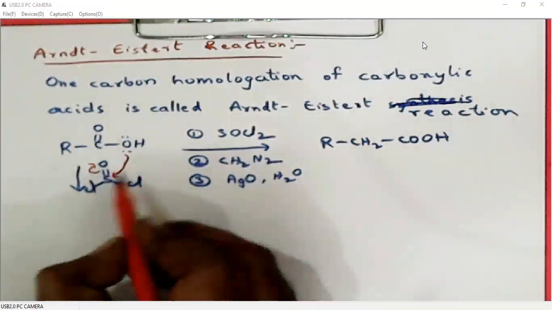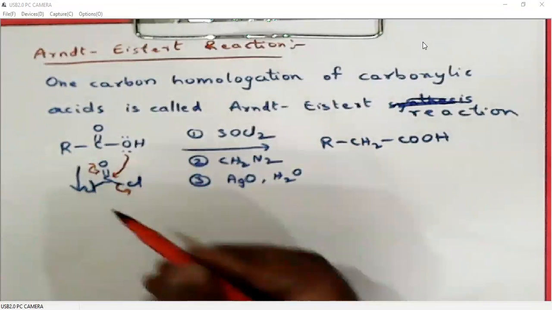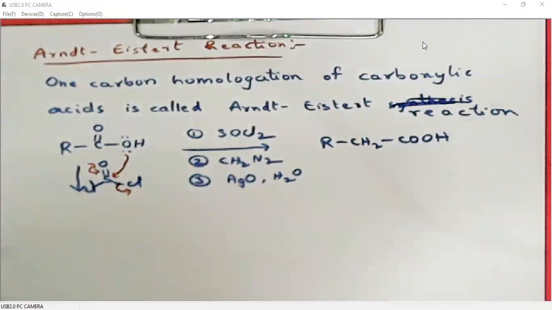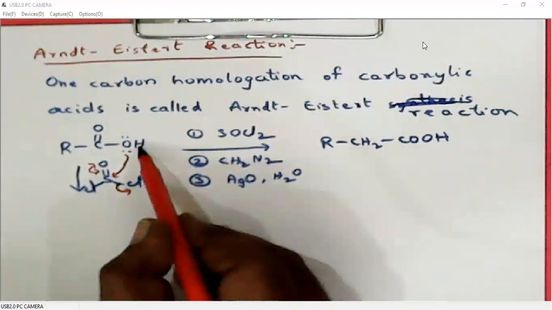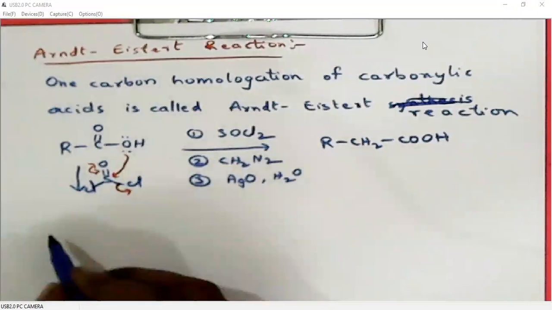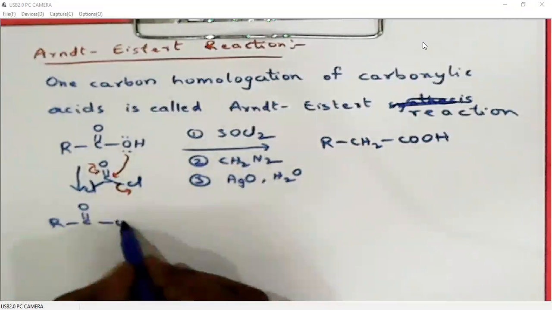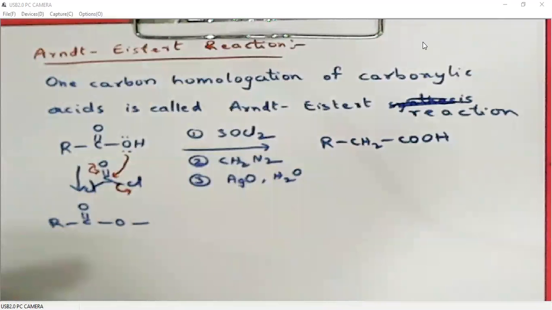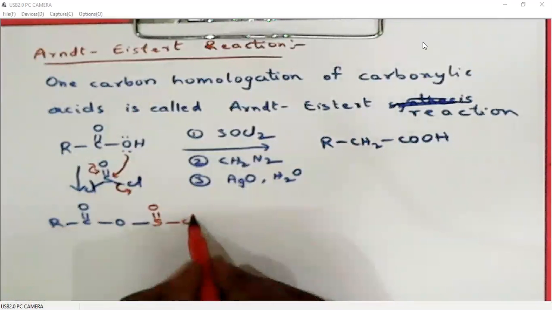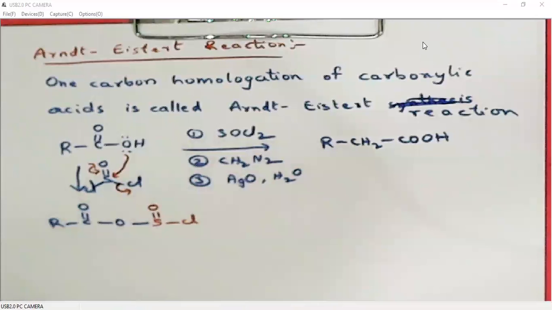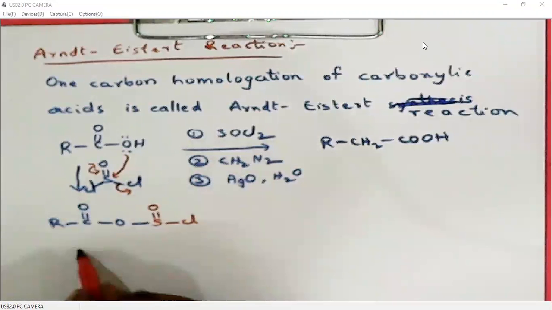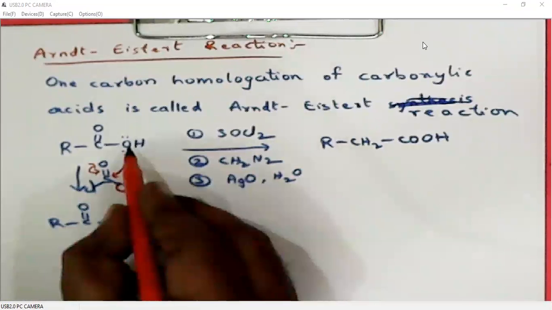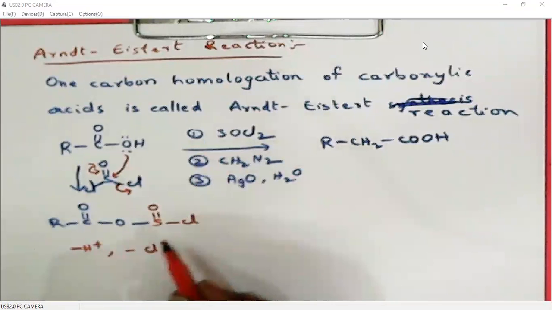Then again it will form, so that one of the chlorines, because chlorines are good leaving groups, will be leaving as Cl minus. That also takes this proton. So the product is Cl, and we have one proton loss from carboxylic acid and one Cl minus loss from thionyl chloride.